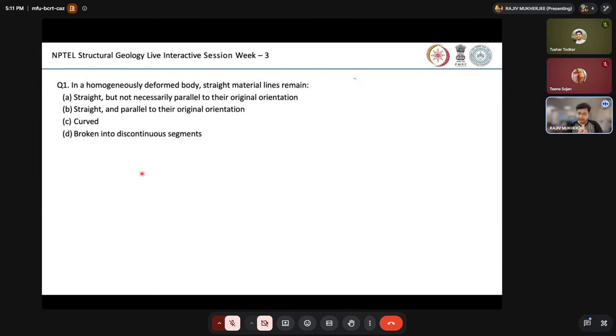So that is the logic which encompasses every aspect like this. What I'm trying to say is that if the lines are parallel to the principal axis of strain, then even after the deformation, or that includes rotation, they will remain parallel.